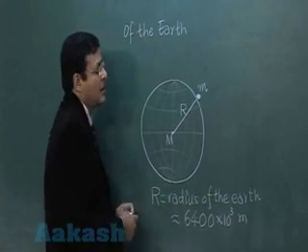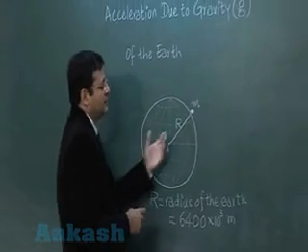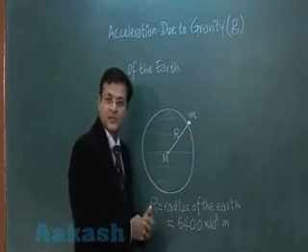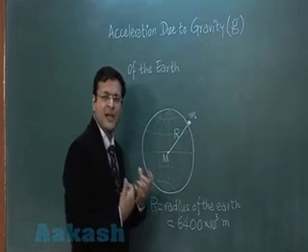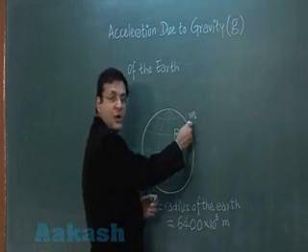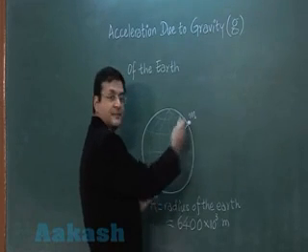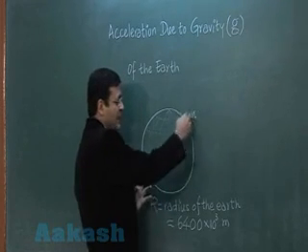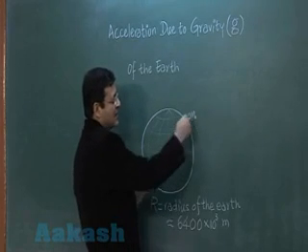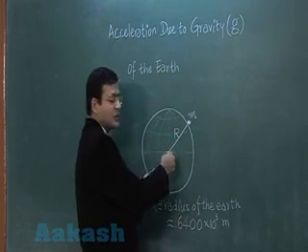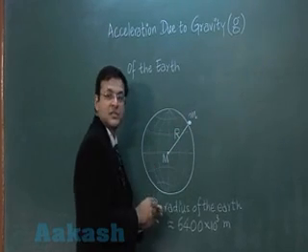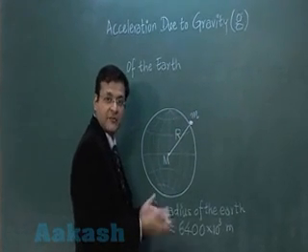You understand? Now you see, this small m can be any object kept on the surface of the Earth. We have a particular weight. Let us suppose you are this small m. Then you have a weight which is acting in the vertically downward direction. Vertically downward here means along this line, along this radius which is going to the center. This is the direction in which our weight is acting.